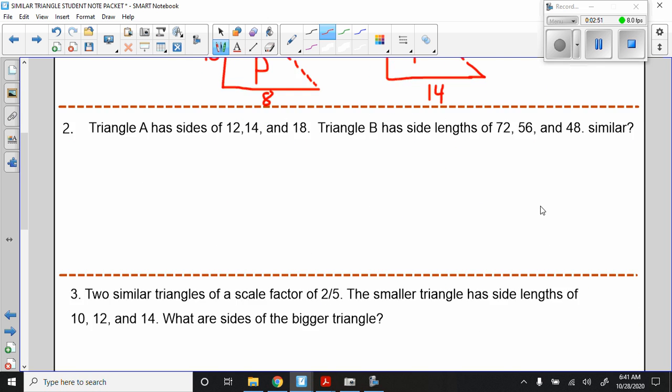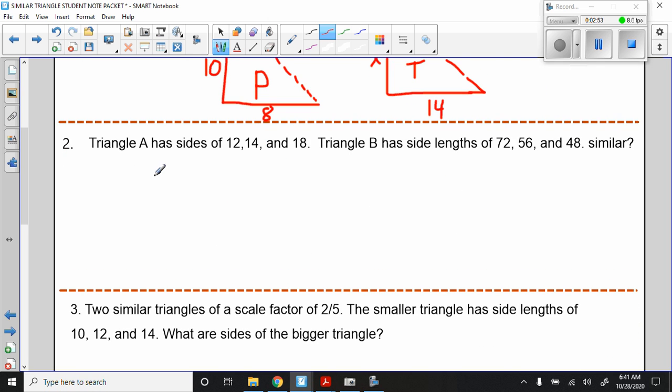So here we've got two triangles being compared for number 2. Triangle A has sides 12, 14, and 18. Triangle B has 72, 56, and 48. Are they similar? A similarity test means we check the scale factors and see if they are equal for each side. Remember, the sides of similar triangles are proportionate, and each side has to have the same proportion.